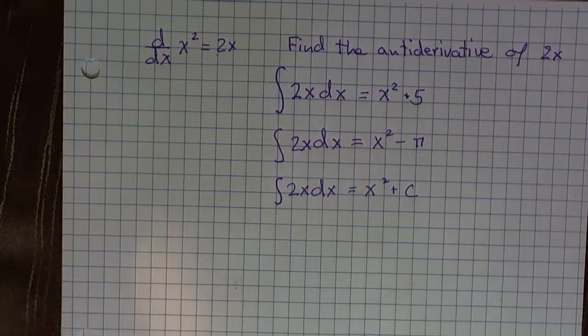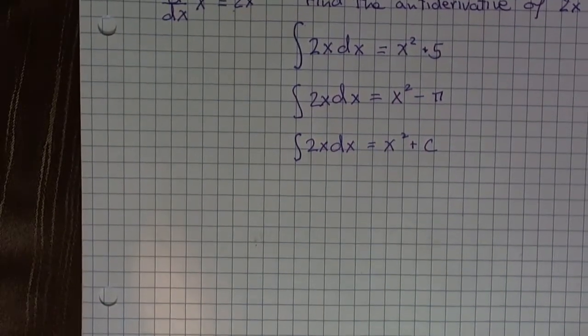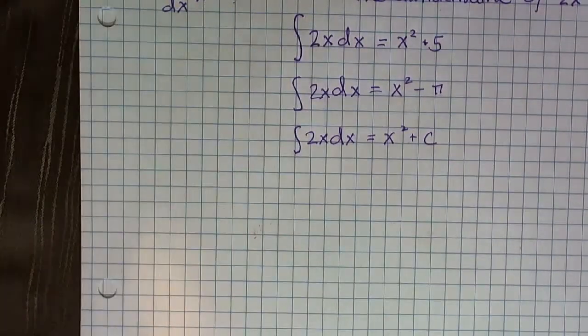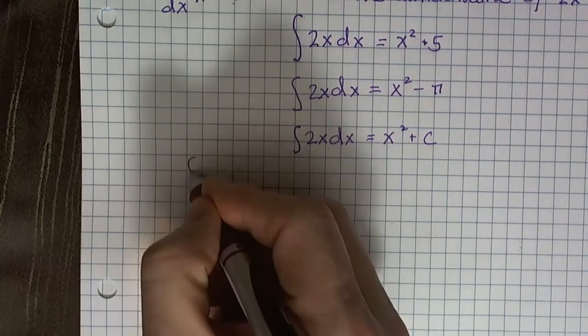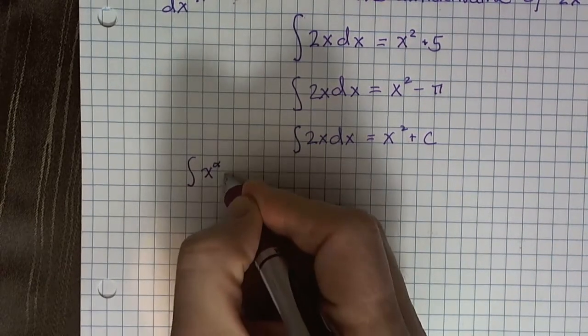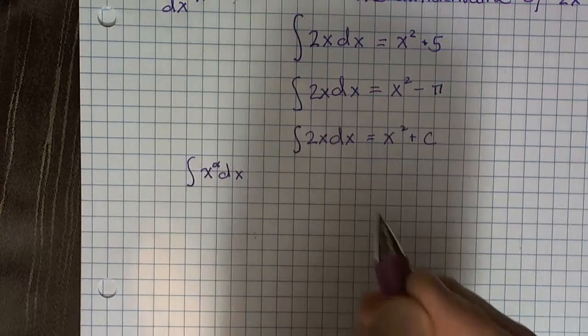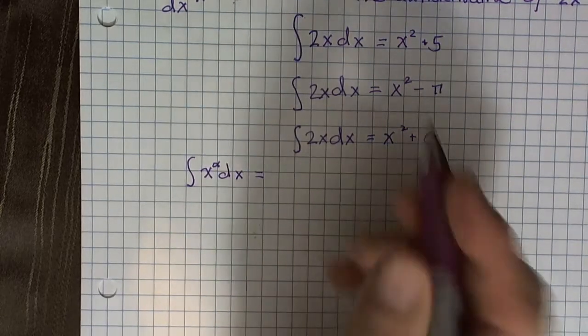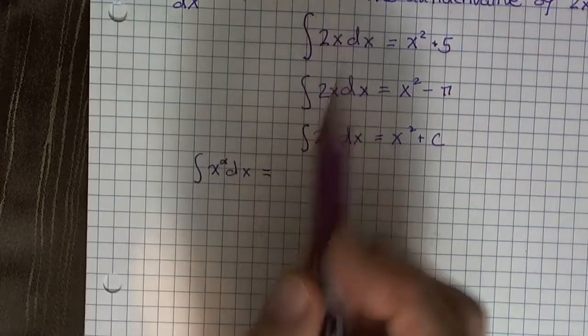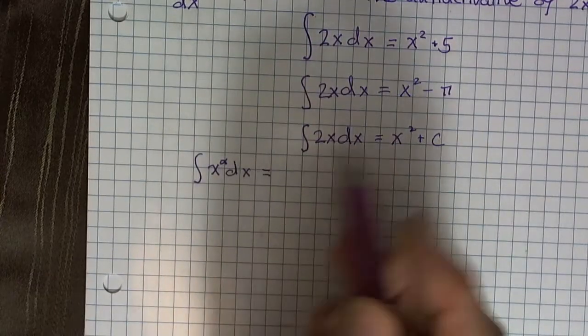So let's see about how we would go backwards. In other words, we're given the derivative, we want to get the antiderivative. So let's just suppose that we've got x to some value alpha. And we want to write the antiderivative. So we kind of did this with x squared up there. But now let's just suppose in general we've got x to the alpha.